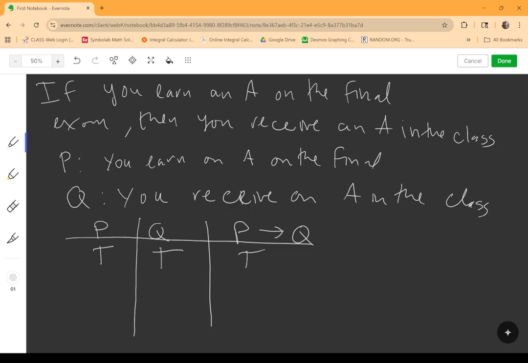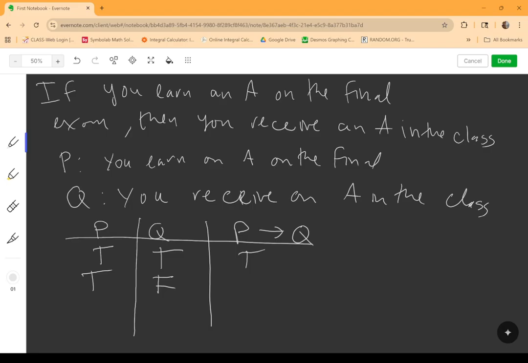Okay, so now let's take a look at what would make this implication false. What does that mean in terms of my statements? All right, so let's say that this is true. And then this is false, right?